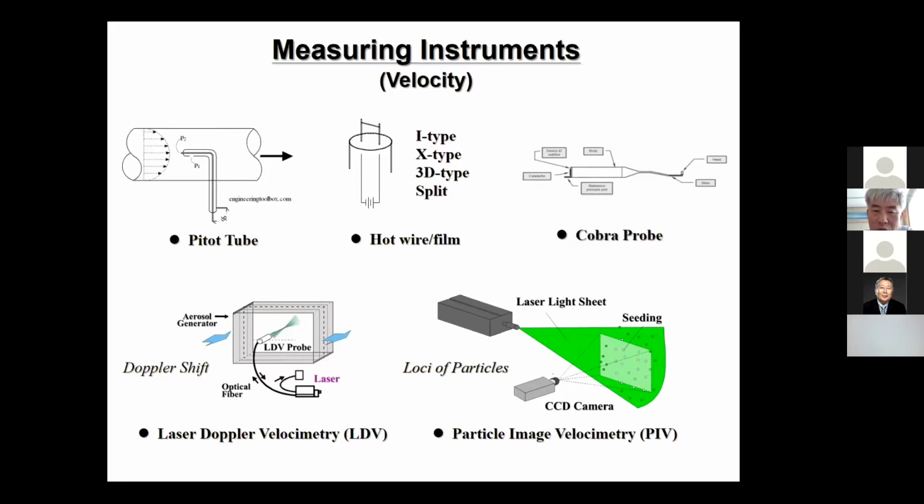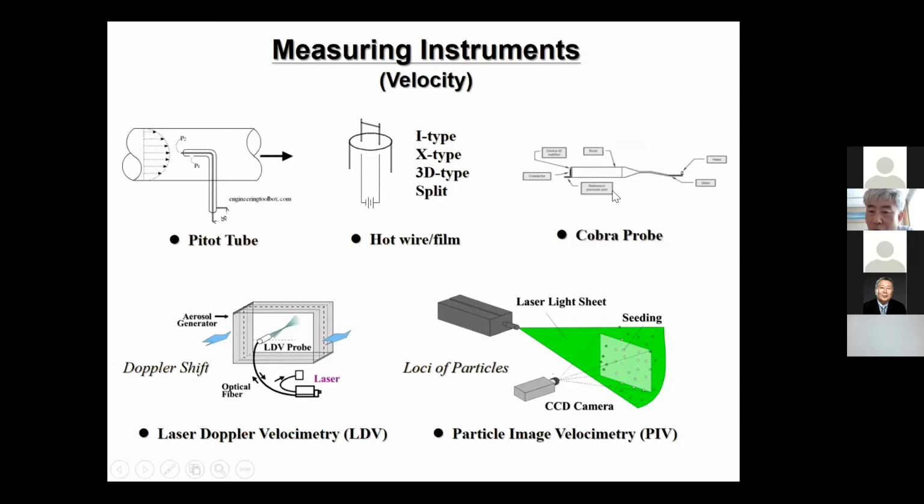We also have a 3D type. This hot wire, hot film can make higher frequency measurements, but still it is a point measurement, and this film has to be put inside the wind tunnel.